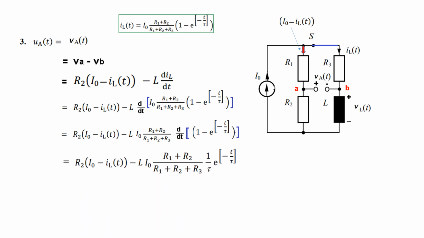And when you differentiate this, a constant will be 0, then minus and minus will be plus, and the 1 over tau will come out. So we get this term. I hope you can follow this. And so rearranging, this is our final equation for the voltage V_AB(t) or U_AB(t).